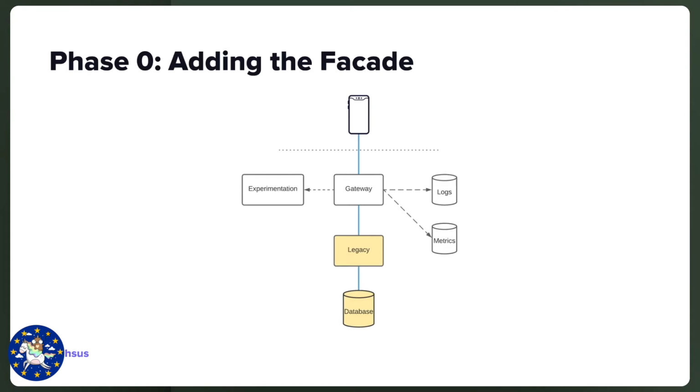We wanted to use that for traffic splitting, more specifically, splitting the traffic based on the user IDs in our system. Another benefit of using a gateway was that we could use our logging and metrics infrastructure. So we could compare the responses of both the legacy and the new system in real time and fire metrics or fire log events, which we could look at.